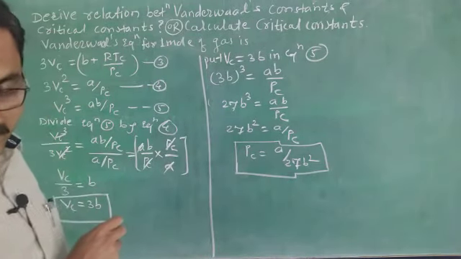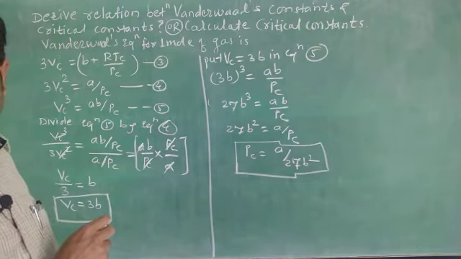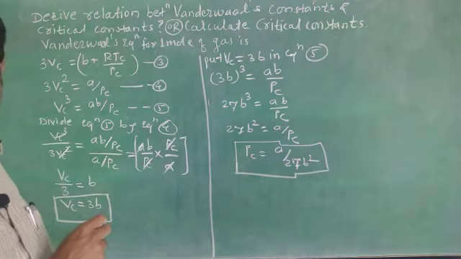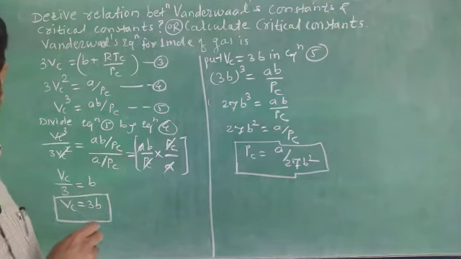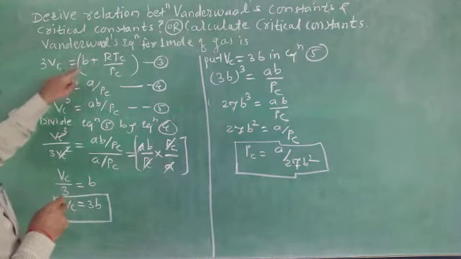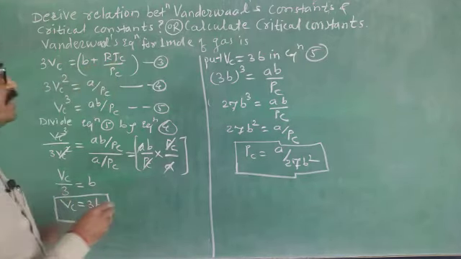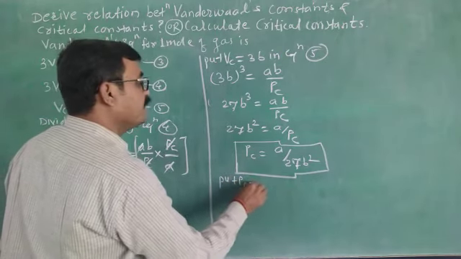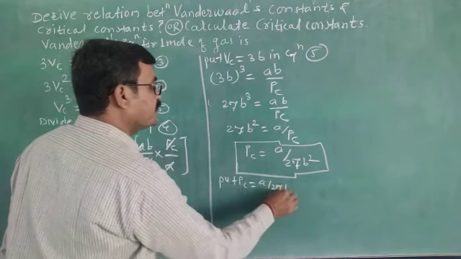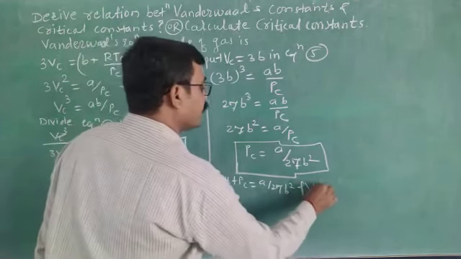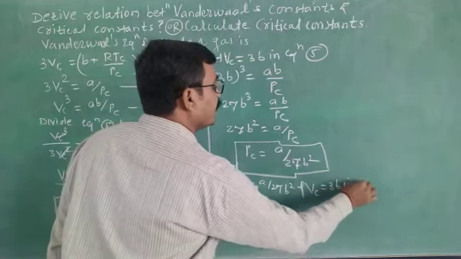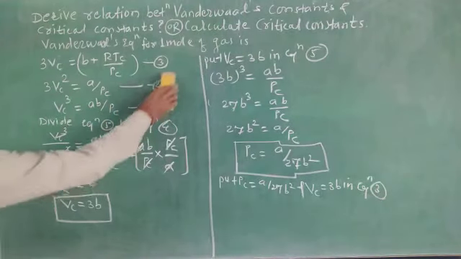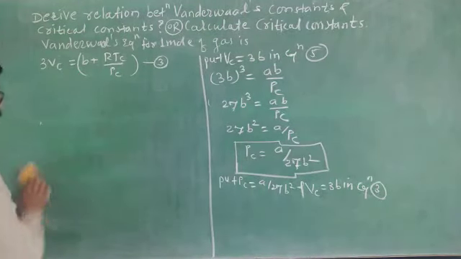Further, in order to calculate the value of Tc, putting the values of Vc and Pc in equation 3, since here Tc and Pc are there, put Pc equals A upon 27 B square and Vc equals 3B in equation 3. After putting these values in equation 3, what happens?